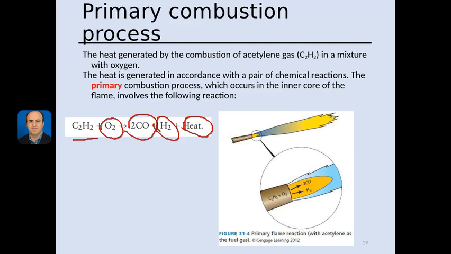So this reaction liberates energy, and also it forms carbon monoxide and free hydrogen. This is a free hydrogen. The process produces 1/3 of the total energy in the flame, and it is called the primary combustion process, and it happens in this area.